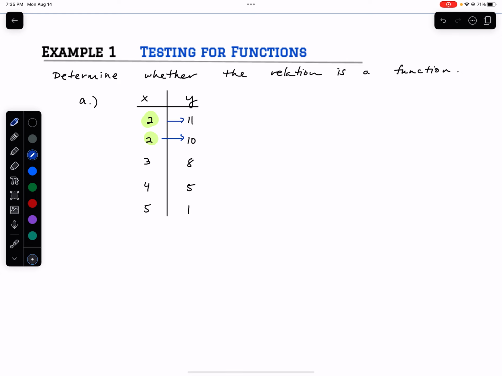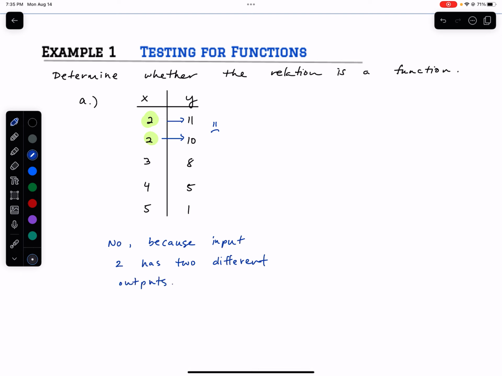And since they're not the same number, that means that this can't be a function. No. And you don't have to explain right now, but I'm going to anyway because that way you guys know. Because the input 2 has 2 different outputs.